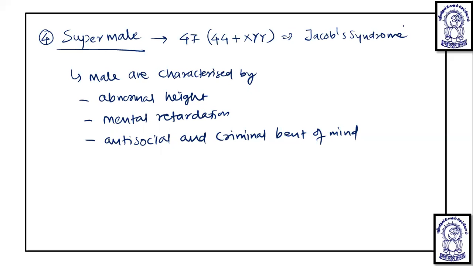So here, what happens is that due to the increase in Y chromosome, the overproduction of male sex hormone occurs, and due to this, they are more aggressive than normal males.